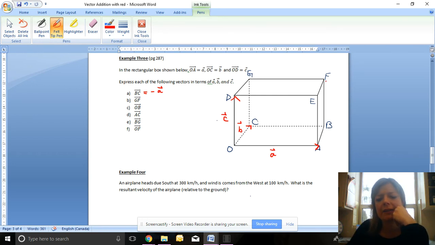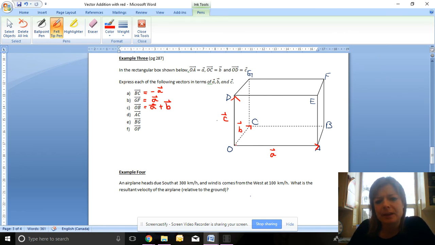So GF is the same magnitude as OA, and it's in the same direction, so we can just say that it is equal to A. Now, OB goes from here to here. So that is the diagonal of the parallelogram created by A and B. So we can say that OB is A plus B.